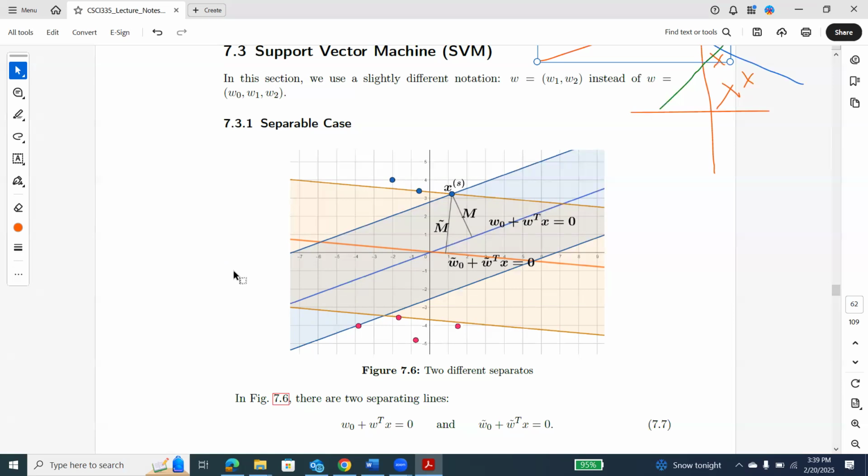That's why this algorithm is called support vector machine, because we try to maximize the distance from our line to the nearest support point. So this algorithm would choose the orange line because it has a wider strip without points inside.